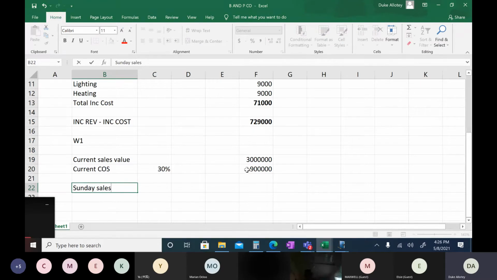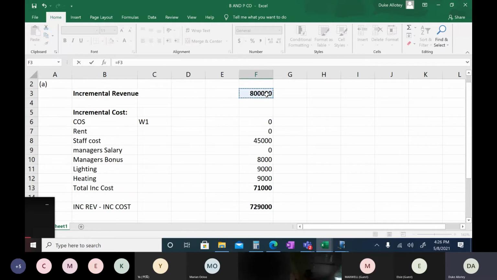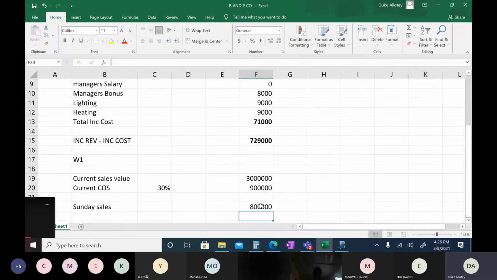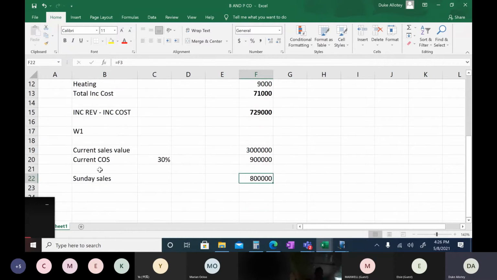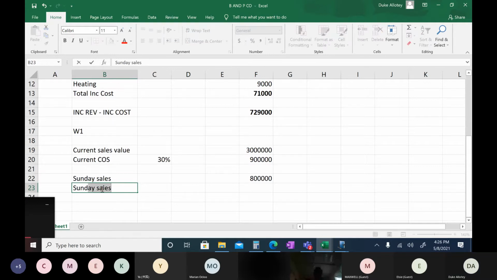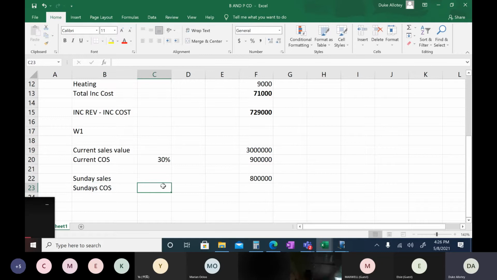All right. Now I'm going to do Sunday sales. Here, what you have to do is pick the value you did earlier so that if you are wrong, it will flow consistently. Don't create another one. You have Sunday sales there. And then you have Sunday cost of sales, which we've worked out to be 50%.